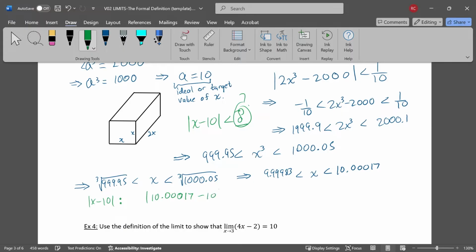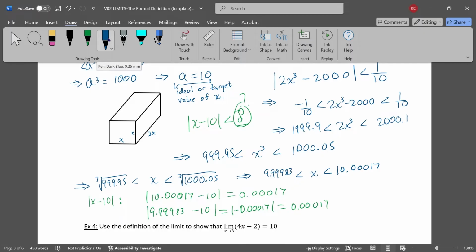And so if I do that minus 10 and take the absolute value, I get 0.00017. And I can also look at the other endpoint, 9.99983 minus 10. If I take that absolute value, I get the absolute value of negative 0.00017, which is positive 0.00017. So I actually get the same value for both of these when I check the absolute value of x minus a.